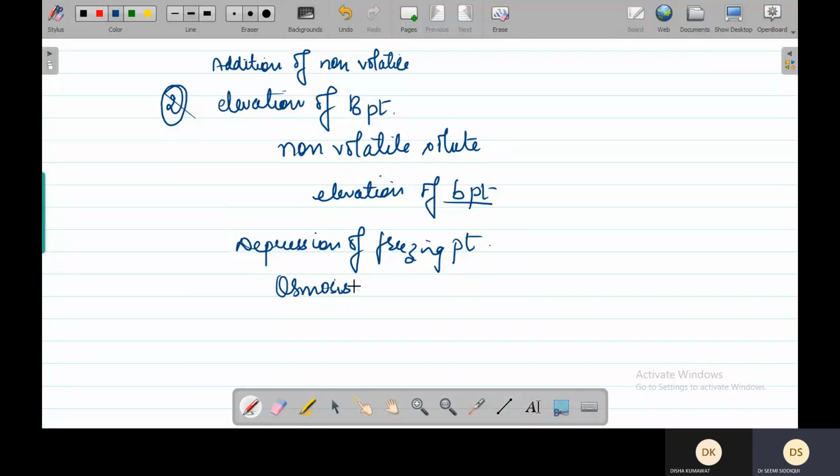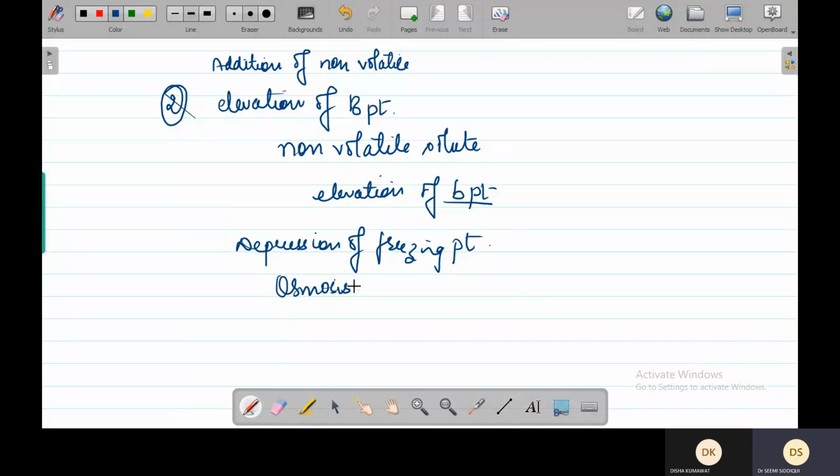It is a membrane through which only solvent molecules can pass but solute molecules cannot pass. Living cell walls all come under the category of semi-permeable membranes.